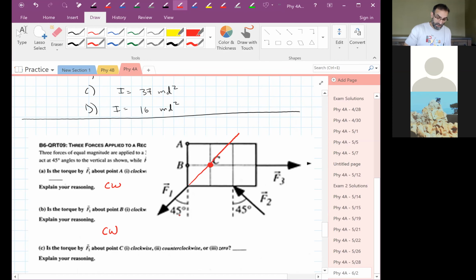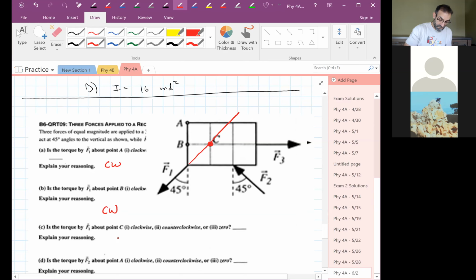There's 0 lever arm. It cannot cause it to rotate. Just look at that. If you're pulled at that location, that board is not going to rotate because your force goes right through the axis of rotation.